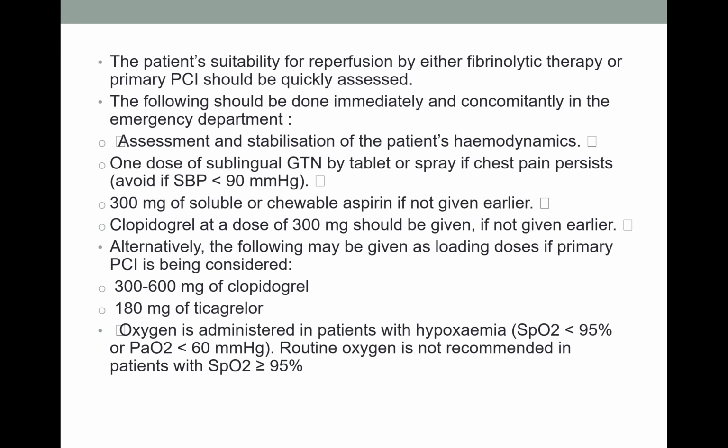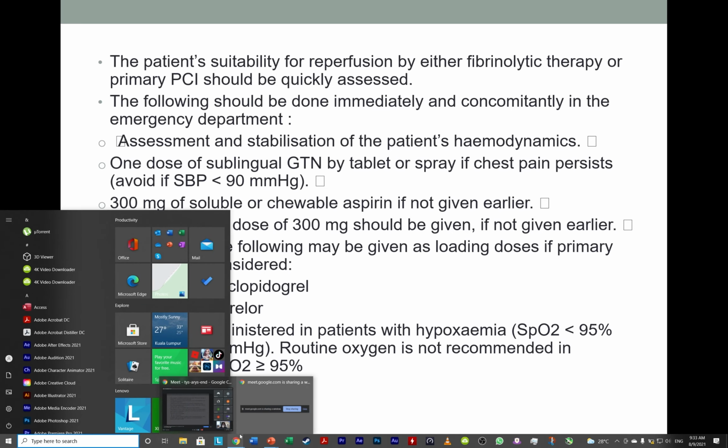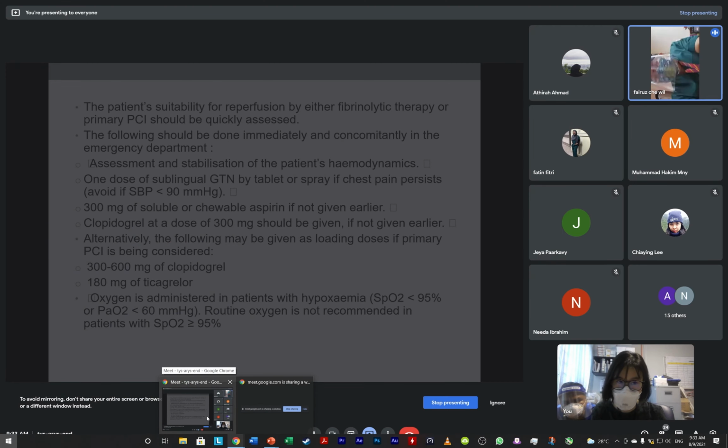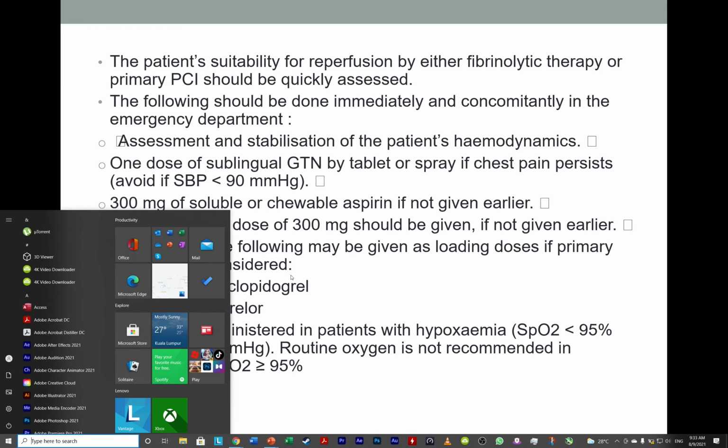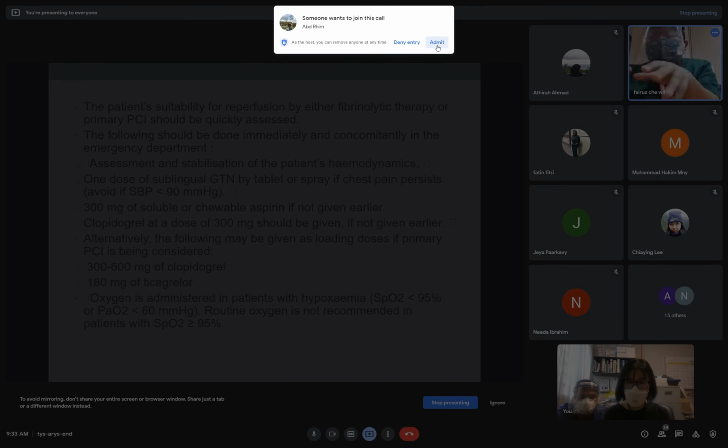Ticagrelor is something fairly recent. It is like clopidogrel but it skips a few steps. Sorry, suddenly there was a call just now. So ticagrelor is like clopidogrel. Clopidogrel needs to be metabolized before it becomes the active compound.